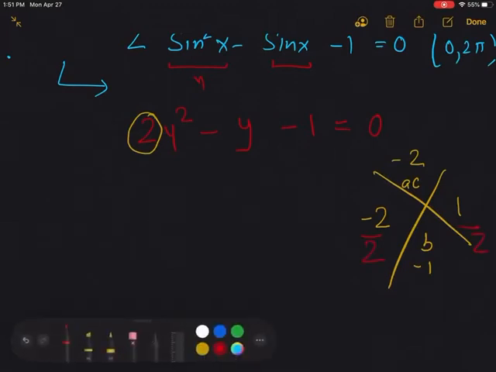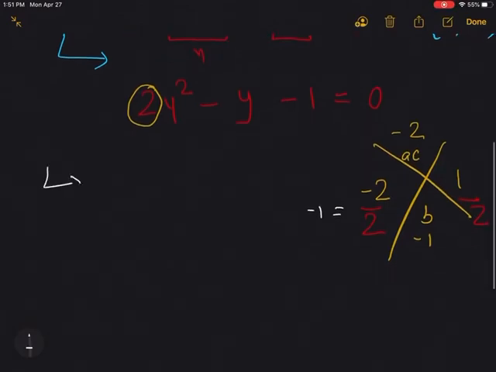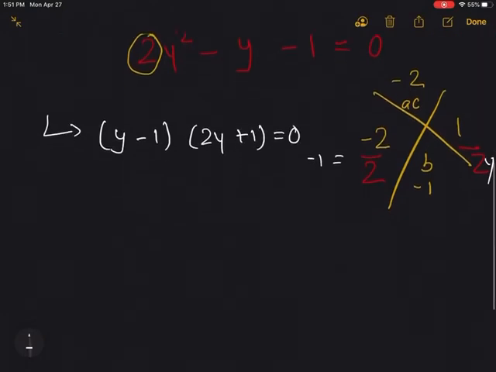Try simplifying. If I simplify the first one, it's negative 1/2. Second one, it's 1 and not possible to simplify. So my factors are going to be 2y minus 1, and the second one, we put y with the bottom number, y plus 1, and it's equal to 0.